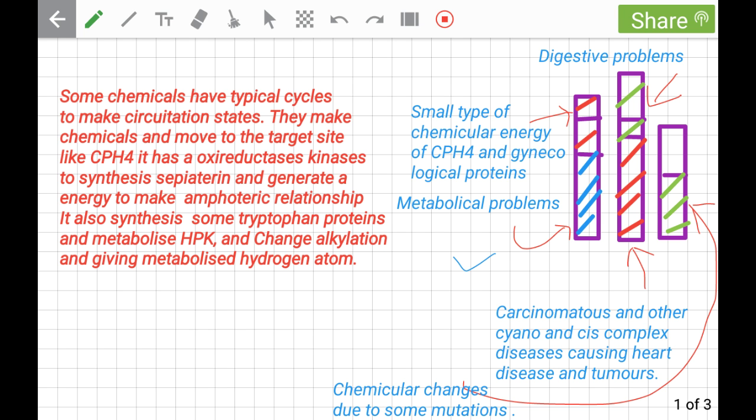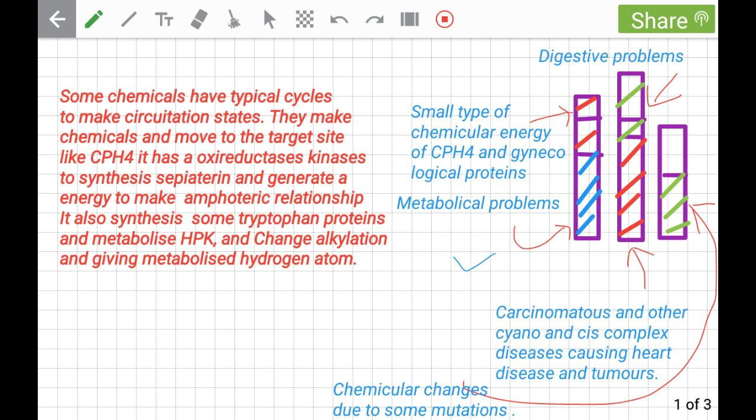So when energy is increased or decreased, it may function as cell death, or in digestive problems, enzymes like amylase are released by some enzymes released by some bacteria in our body.